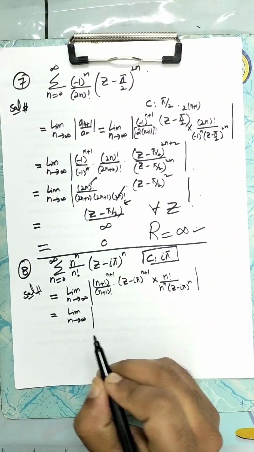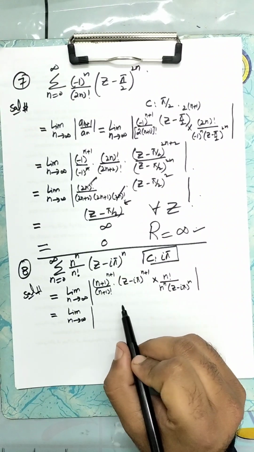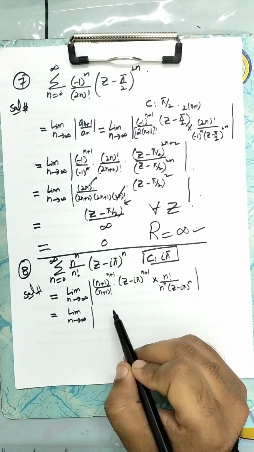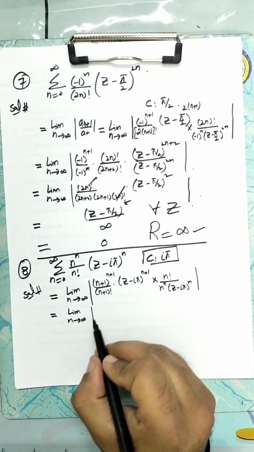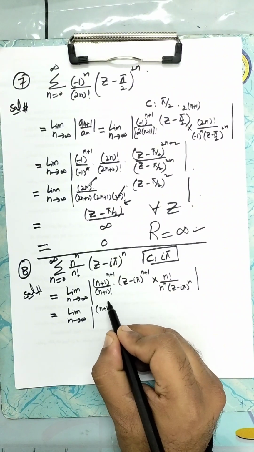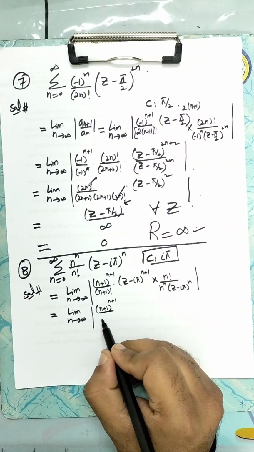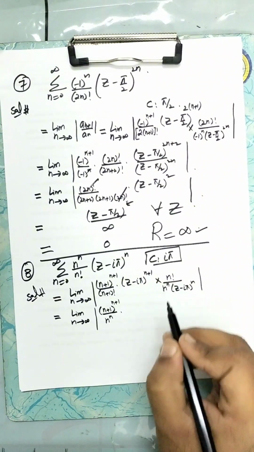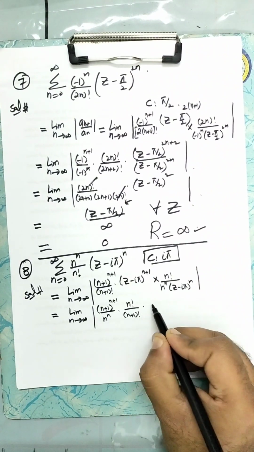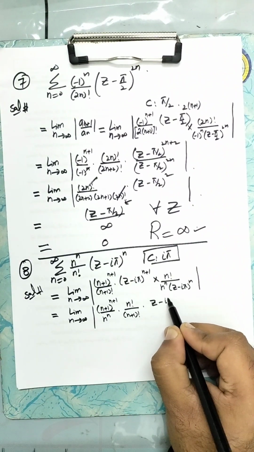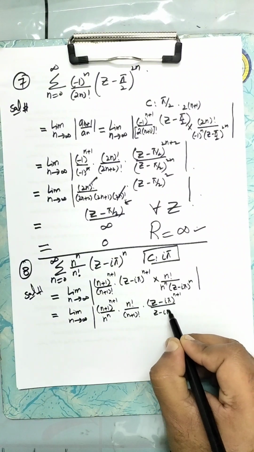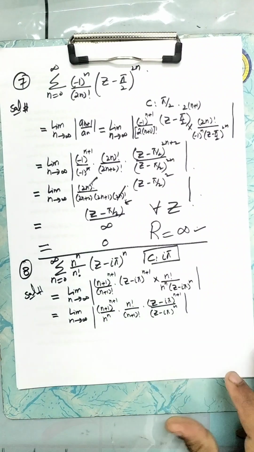Again, because these terms are more complex, for simplicity we associate the same nature of terms, then easily solve. So this becomes (n plus 1) power n plus 1 over n power n, dot n factorial over (n plus 1) factorial, dot (z minus iota pi) power n plus 1 over (z minus iota pi) power n.